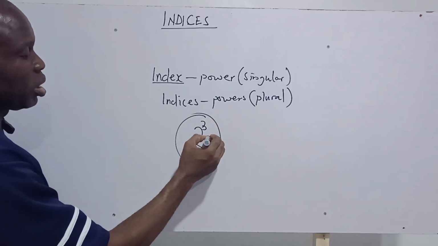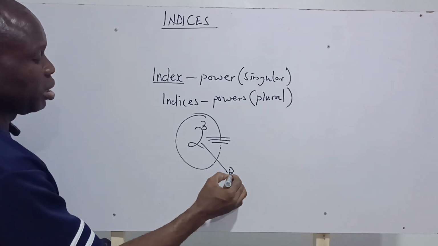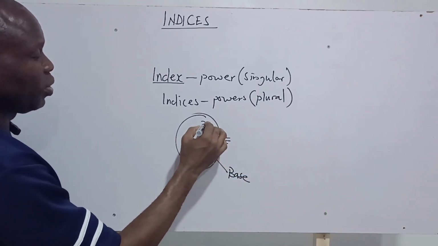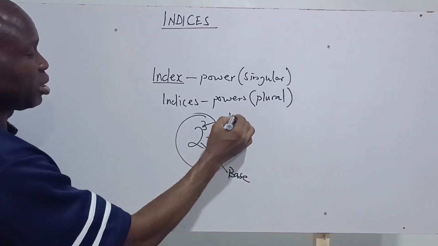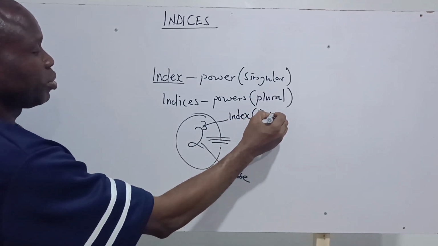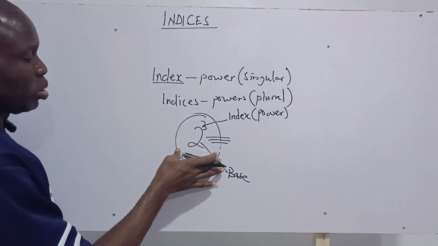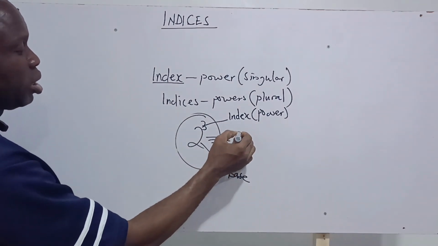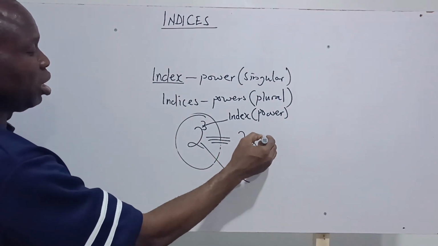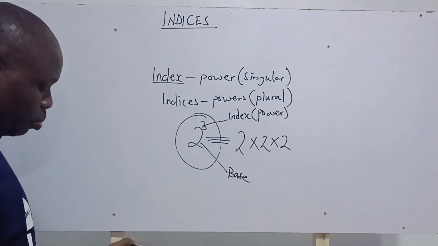What this simply means is that 2 is the base, while 3 is the index or power. So this translates to multiplying 2 in 3 places.